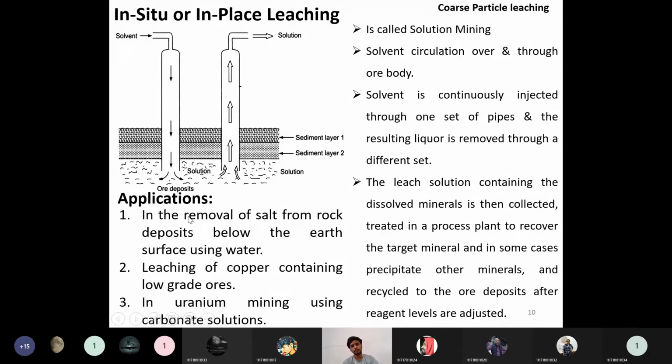It can be used for the removal of salt from rocks. Water can be used for leaching of copper. Suitable solvents can be used for leaching of uranium, in the form of oxides UO2 or UO3, using carbonate solutions. So this is in situ or in place leaching.